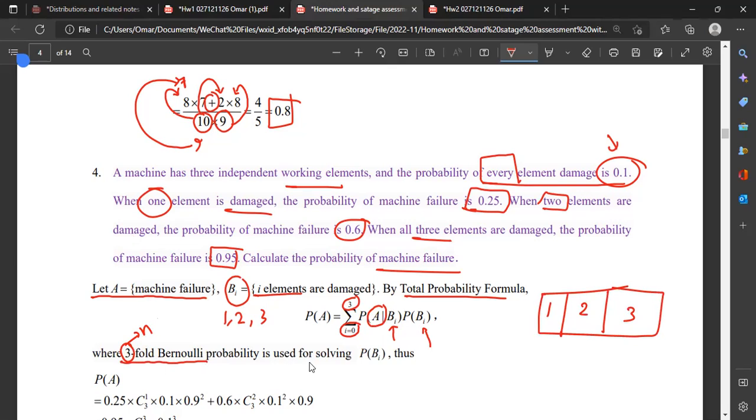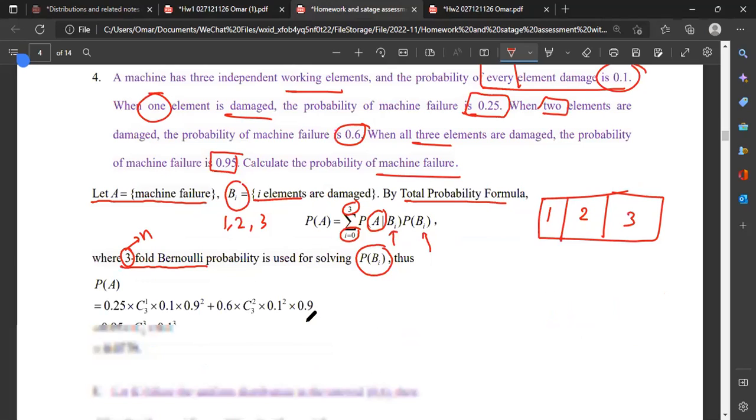So it is used for solving P of Bi, the probability of the first and second and the third element failure. And here we are to calculate the total probability, right? The probability of machine failure, that means the total probability P of A.